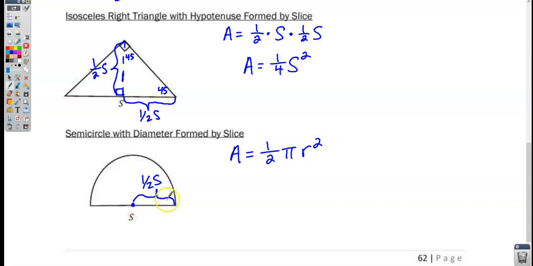And so since the radius of this semicircle is half of the slice that comes out of the base of the solid, I'm going to replace r here with 1/2 S, and simplifying all this out, we end up with the area being pi over 8 times the side length squared. And that's the formula for our area when we have a semicircular slice. Okay? All right, let's put these into practice.